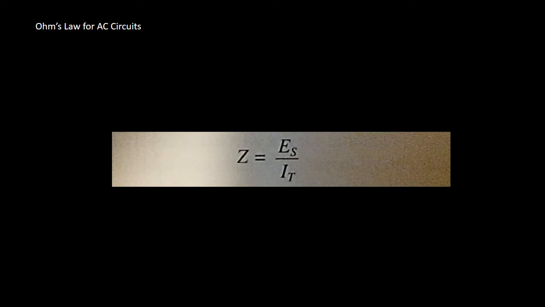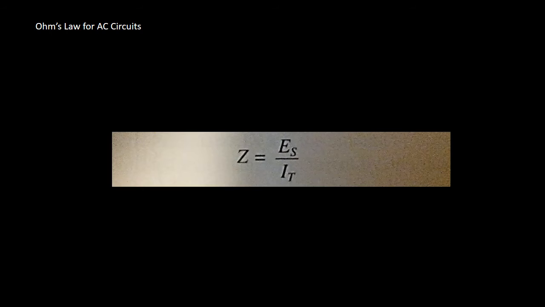Current lags the voltage across the inductor by 90 degrees. The total current will lag the source voltage by some angle between 0 and 90 degrees. If the reactance of the inductor is larger than the resistance of the resistor, the angle will be closer to 0 degrees.